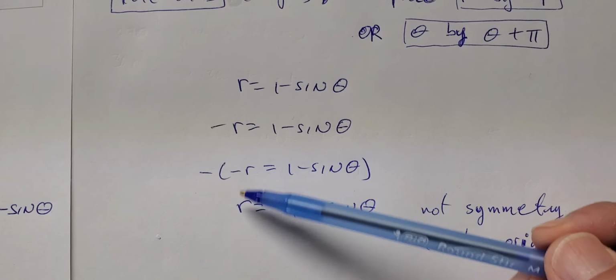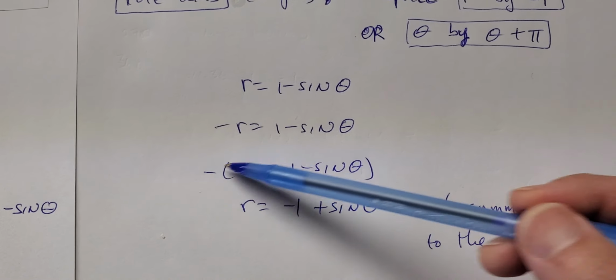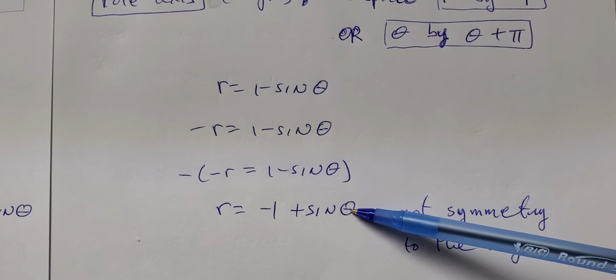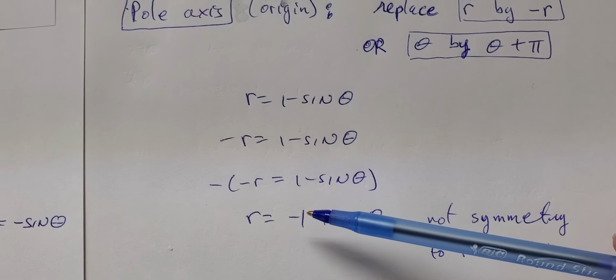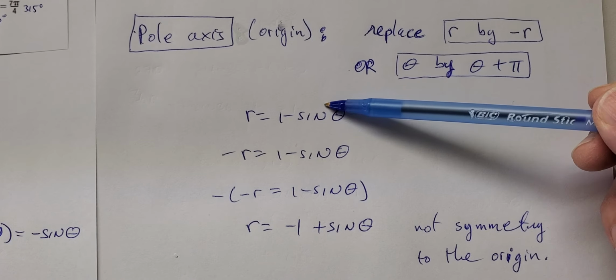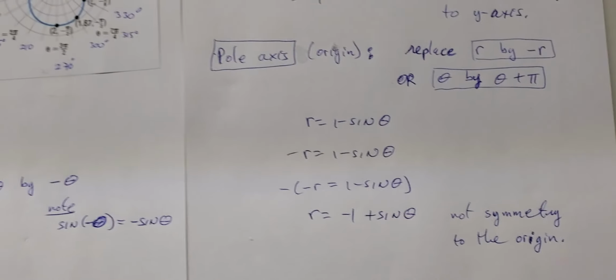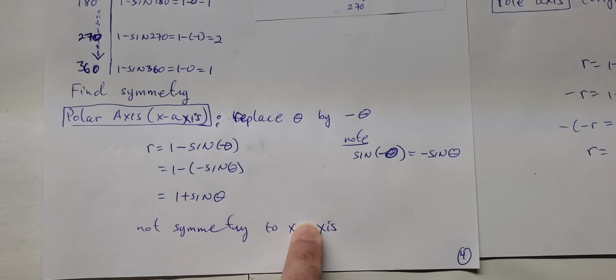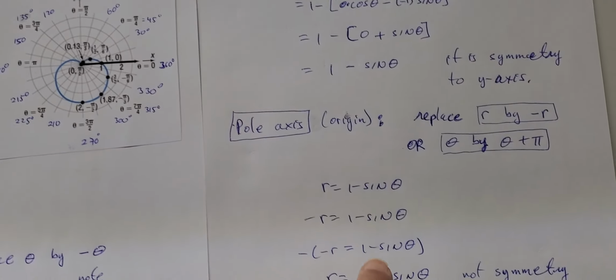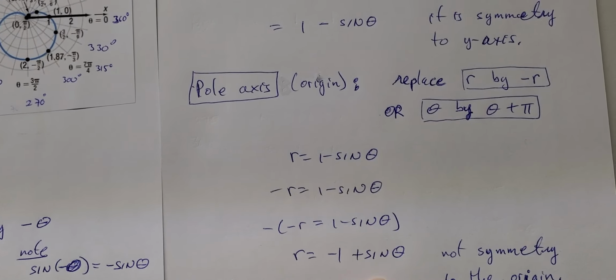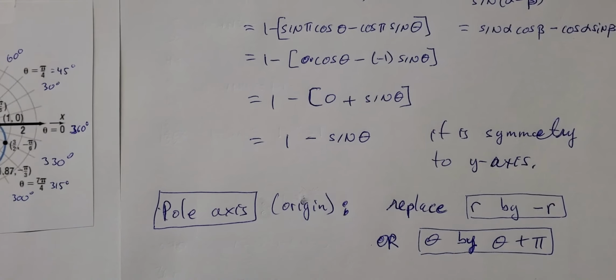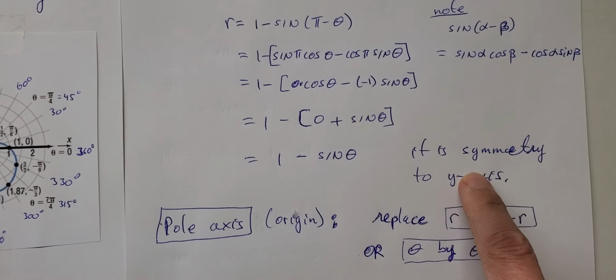So negative times negative is positive, negative 1 plus sine theta. So this right here, again, is not the same as the original. Okay, so in this case, our graph is not symmetric to the x-axis. It is not symmetric to the origin, but it is symmetric to the y-axis.